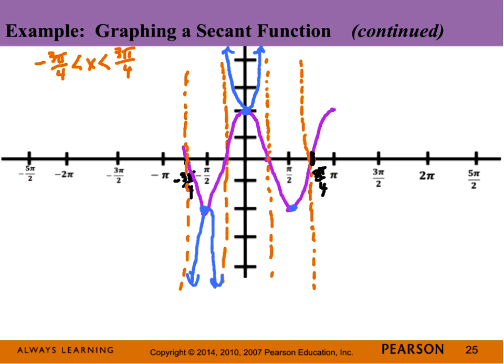This is a really bad graph. That's what I get for trying to freehand stuff there. All right, so the blue part is the sketch of that particular secant function. Do you have any questions about that, Roy? Okay, Roy's ready to move on.